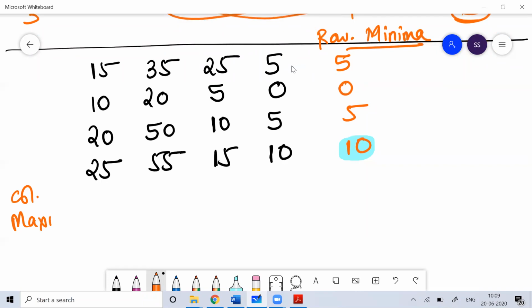Okay. Find the column maxima. You get 25, then 55, then 25, and then 10. What is the smallest element? The smallest element is 10 only. So this is a pure strategy. Your work is done, Kishore.